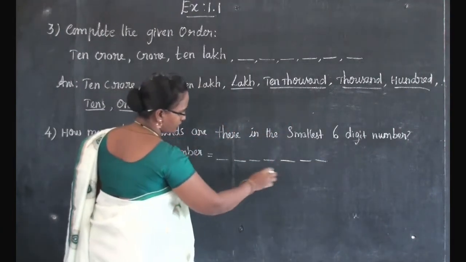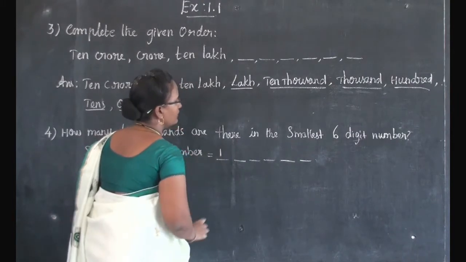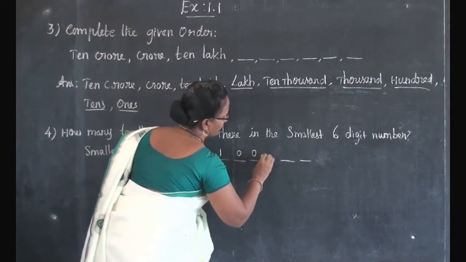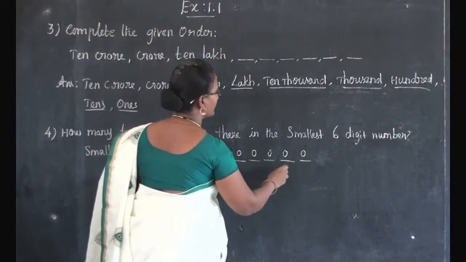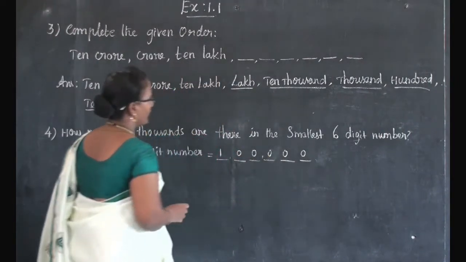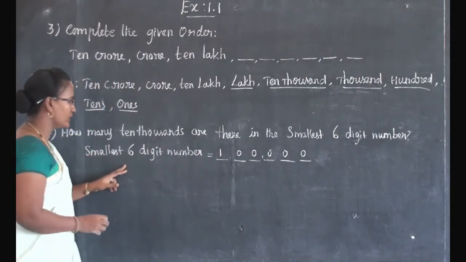So 6 digits: first digit is 1 and others are 0. So what is the number? 1 lakh. So 1 lakh is the smallest 6-digit number.